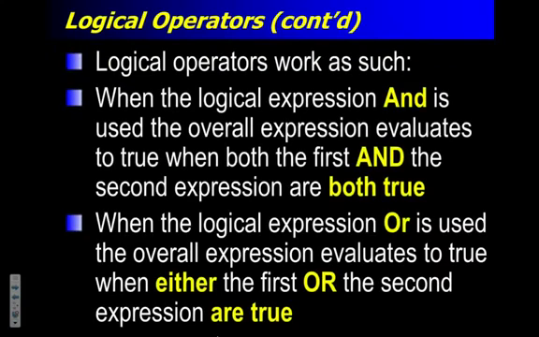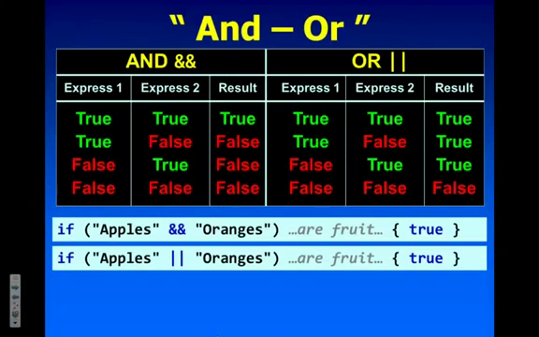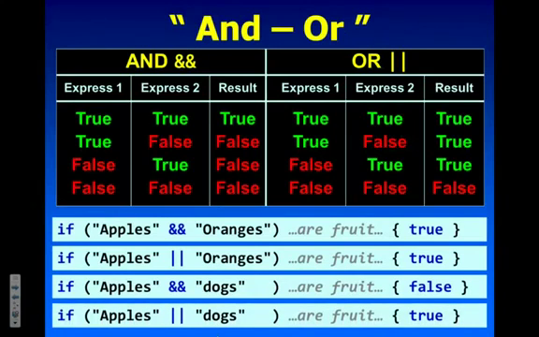Okay. Now, this is an extremely confusing sentence, but let me read it to you. When the logical expression and is used, the overall expression evaluates to true if both the first and the second are true. The logical expression or is used when either the first expression or the second expression is true. So let me kind of put it into a chart. Using and, if I have two things together, if they're both true, then the whole thing is true.